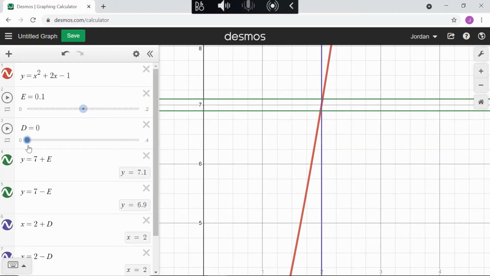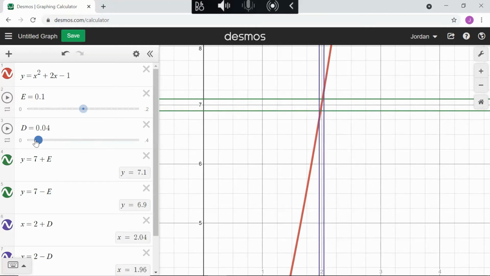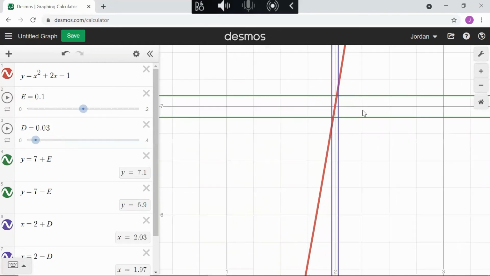If I let my delta be 0.1, notice that my outputs of my function are not going to be within this green region. But if I start making my delta smaller and smaller and smaller, it's hard to see here. So let's zoom real close into it.